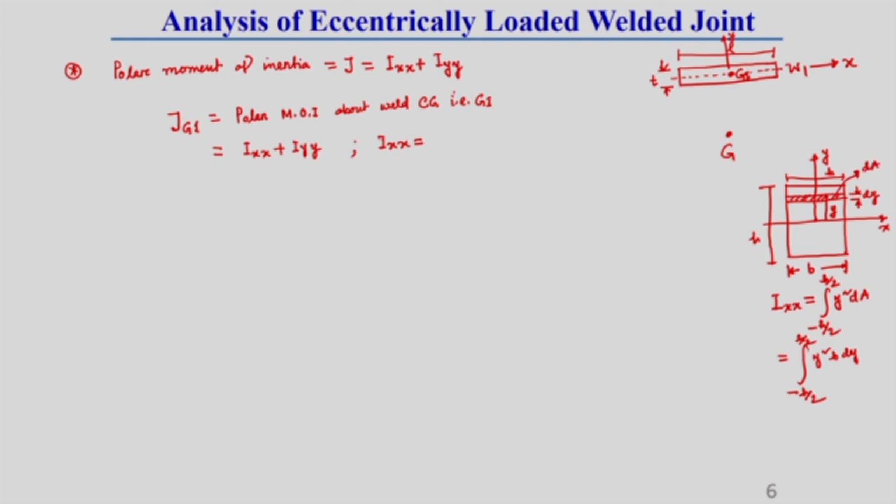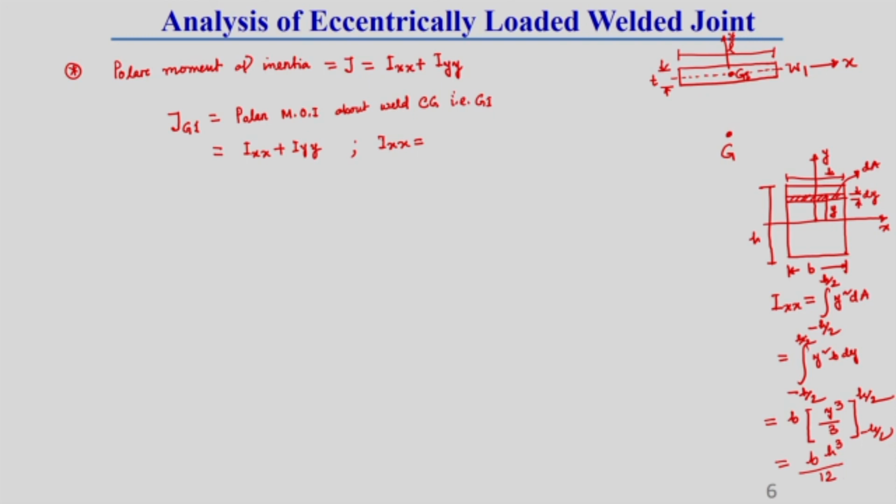Its length is b and its thickness is dy. So, we can write b into y cube by 3 from minus h by 2 to h by 2, so we get b h cube divided by 12.